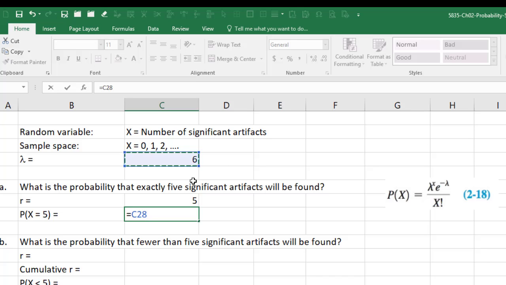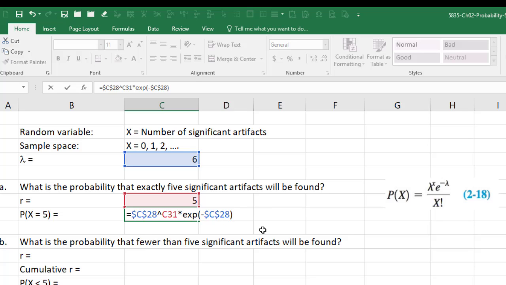Here is lambda, again let's make that an absolute reference, to the power of x, times exp, so that's our e, to the power of minus lambda. So you have minus that, again make that an absolute reference, close parenthesis.